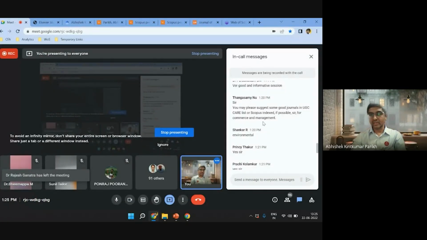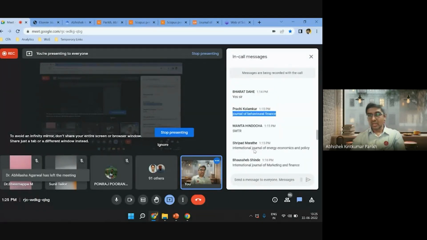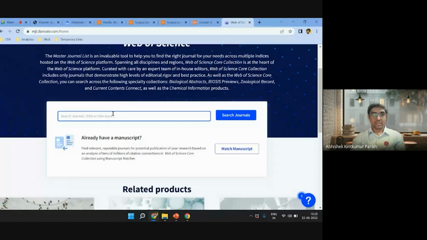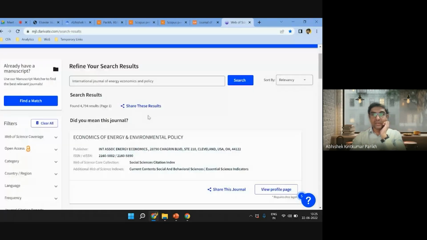Let me take that. Exact match is not available, right? So whenever it is not an exact match, based on relevancy, the journal names are displayed, and they are giving a match score also.